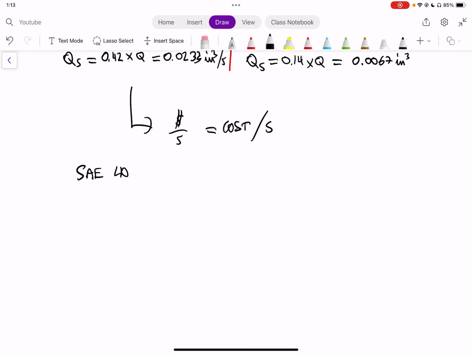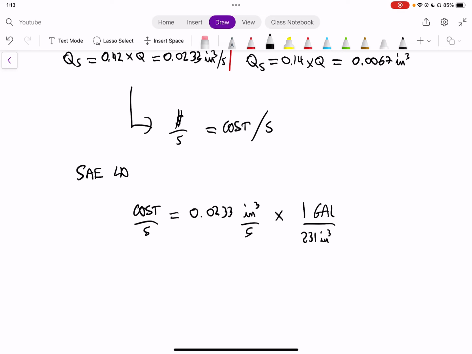So what we're going to do is the following. Cost per second is equal to 0.0233 cubic inches per second, and I'm going to convert that. There's 1 gallon per 231 cubic inches, so we get rid of the cubic inches here.